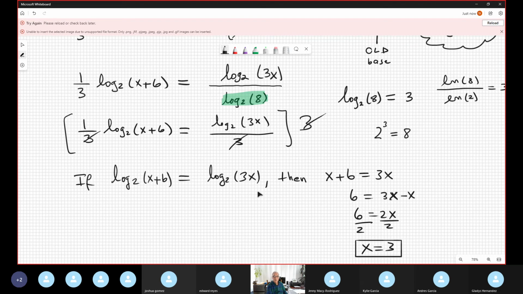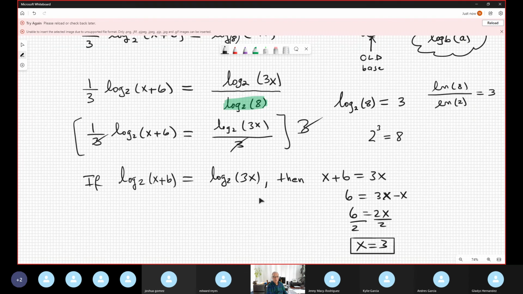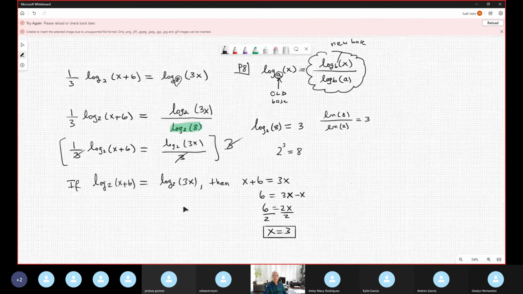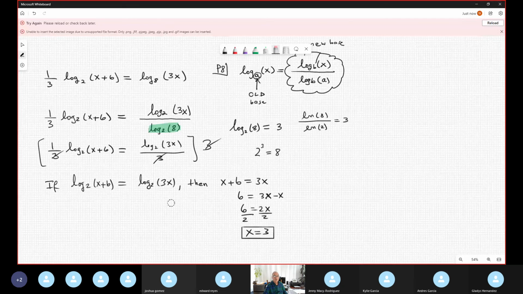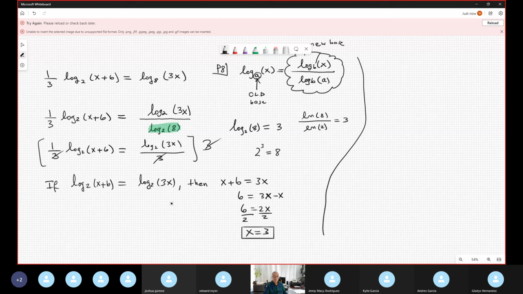I'm leaving. I don't do anymore. Check it, mandatory, check it in the logarithmic equation, mandatory. So I substitute 3 in the original equation.